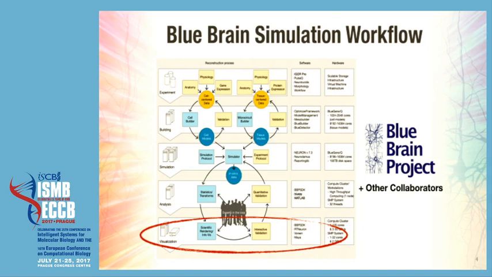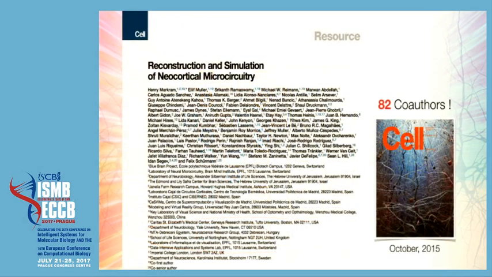Then we do some analysis, and potentially we use visualization in order to understand how the model works, how the structures of the different neurons connect to each other, and so on. For further details, you can refer to a paper we published in Cell in 2015. It involved 82 co-authors, with more than 18 contributors from different labs.